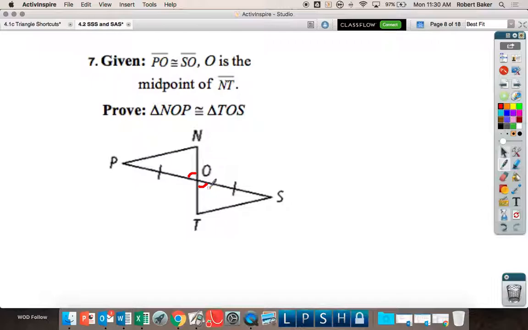And you think that these are the same because O is the midpoint. So as we write that down, PO is a side, congruent to SO. Why is that true? Given. We need an angle statement: angle POI is congruent to angle TOS.